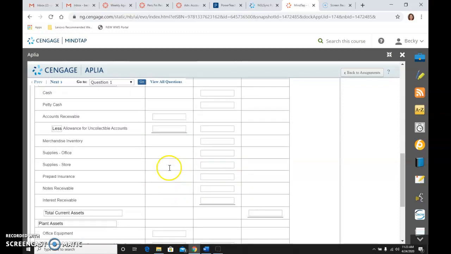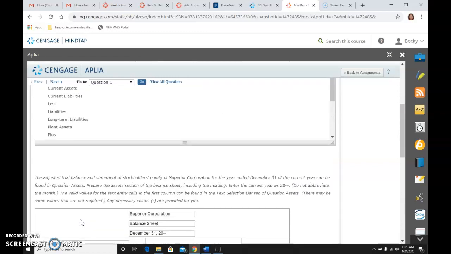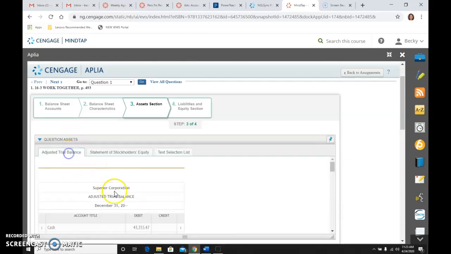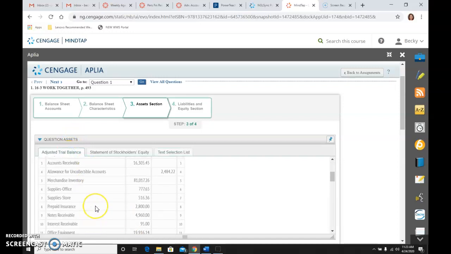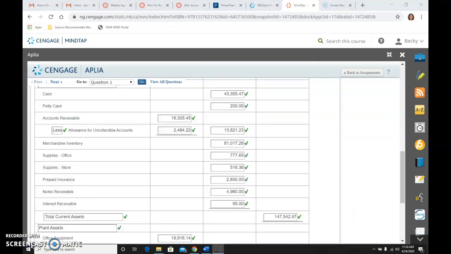So that's just setting up everything. And again, every one of these balances I'm going to get from this adjusted trial balance. Okay? So if you need to pause this so you can get the numbers, that's fine. But I went ahead and did show answer with everything.